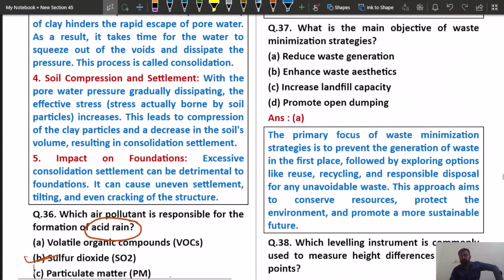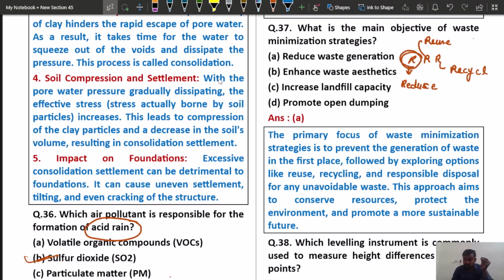What is the main objective of a waste minimization strategy? There is a term called 3R: reduce, reuse, and recycle.